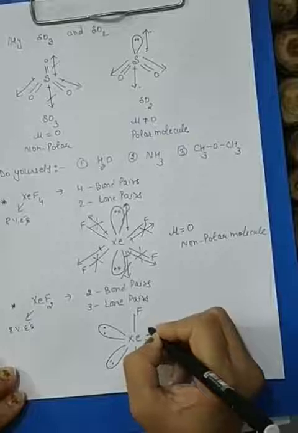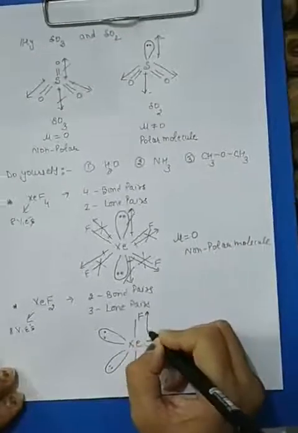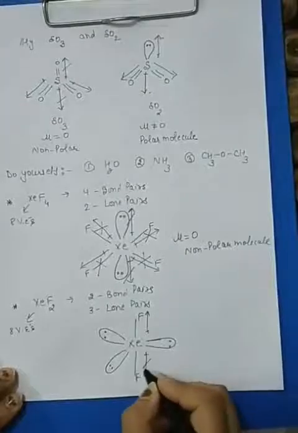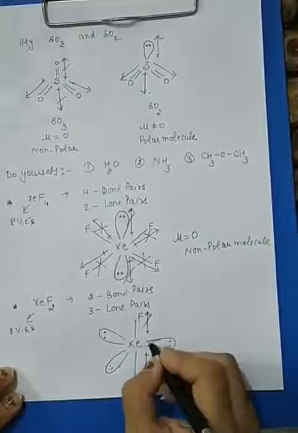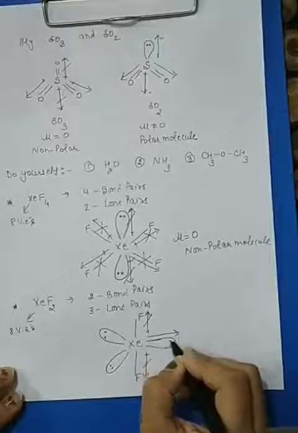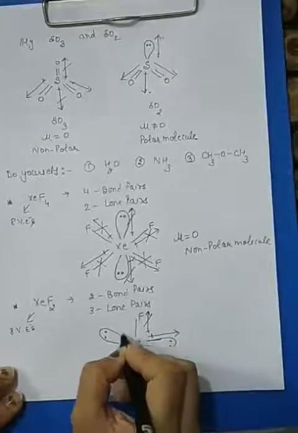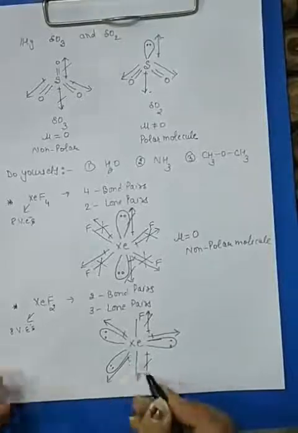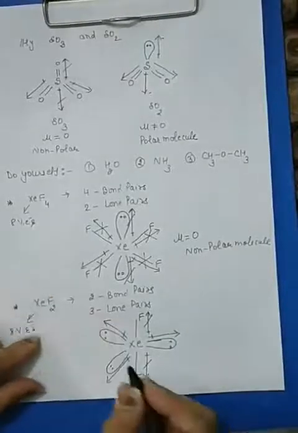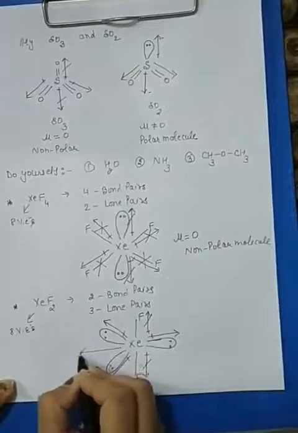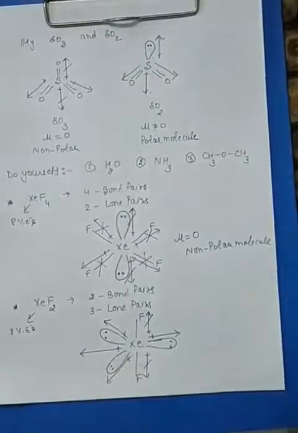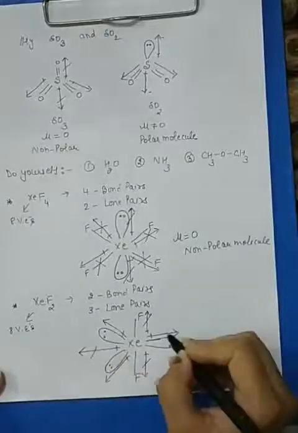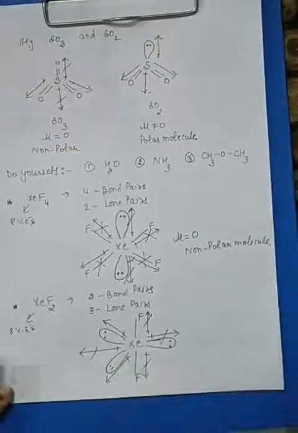Now if we see the direction of dipoles, then these both dipoles are opposite to each other, hence cancel out. Also with these lone pairs, the resultant of these two lone pairs is in this direction, and if we calculate their resultant, then its value is the same as of this.